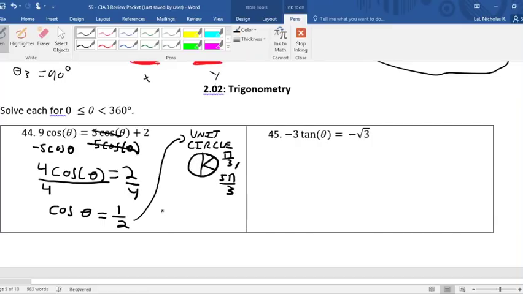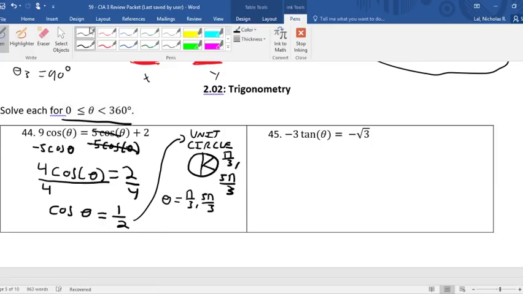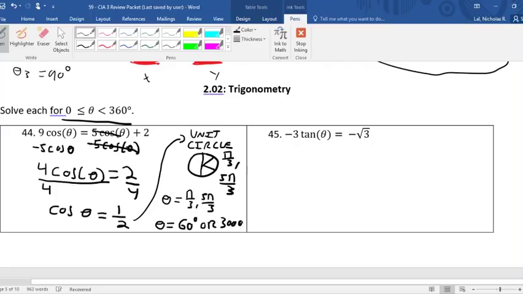So theta is going to be equal to pi over 3 or 5 pi over 3 in radians. Actually it's asking for our angle in degrees, so it would be equal to 60 degrees, or 360 minus 60 would be 300 degrees.